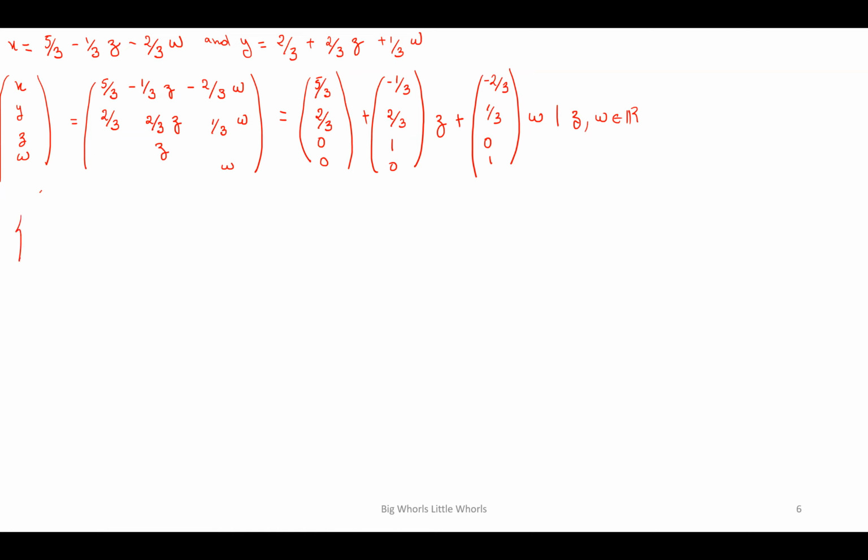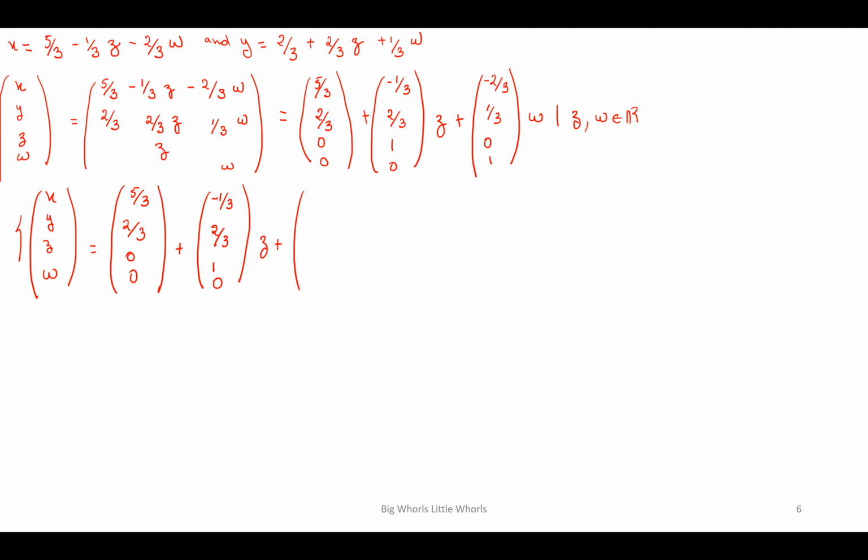So now let me write down the final solution. We have x, y, z, w equals 5 over 3, 2 over 3, 0, 0, plus minus 1 over 3, 2 over 3, 1, 0 times z, plus minus 2 over 3, 1 over 3, 0, 1 times w, such that z and w are free.